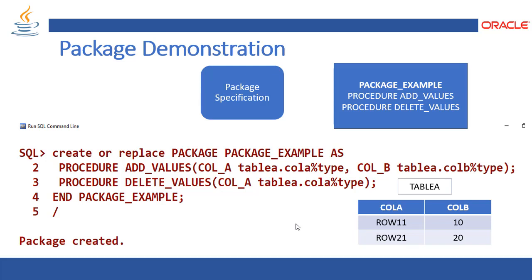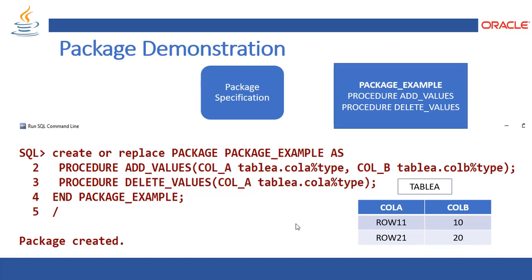Now if you see my first package specification of package example for add values and delete values on table A, I have created: create or replace package, package name package example as procedure add values, column A, table A dot column A percentage type, and column B, table A dot column B percentage type.